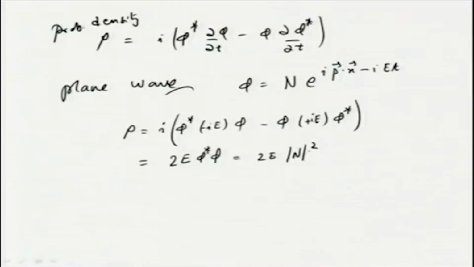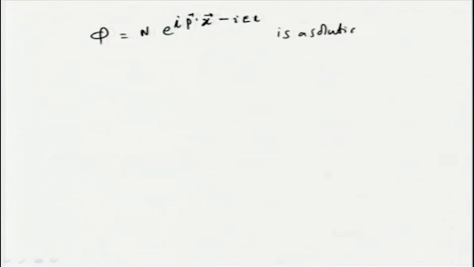All right. So now let us consider φ = N e^(i p·x − i e t) as a solution of the Klein-Gordon equation: ∂²φ/∂t² − ∇²φ + m²φ = 0.